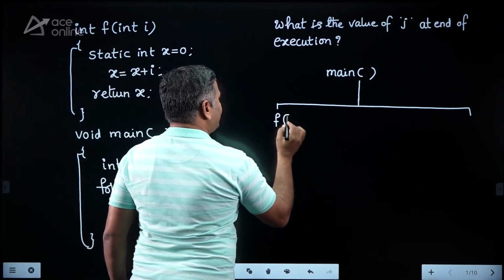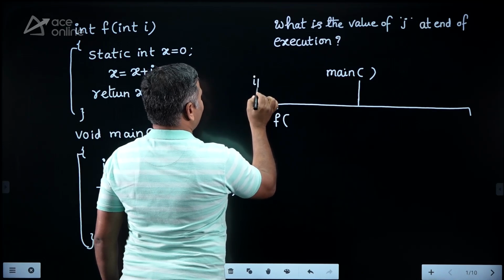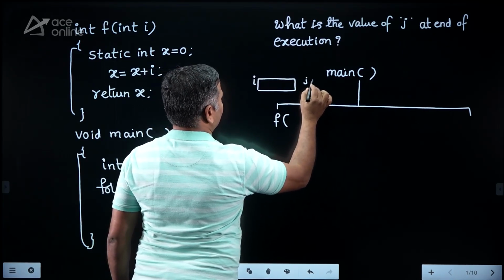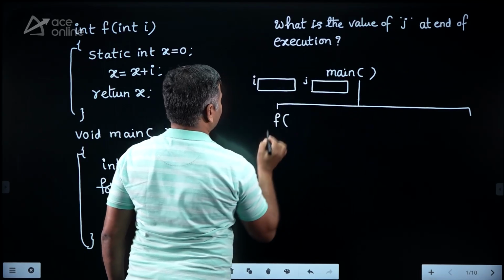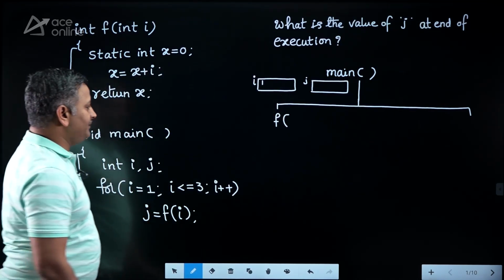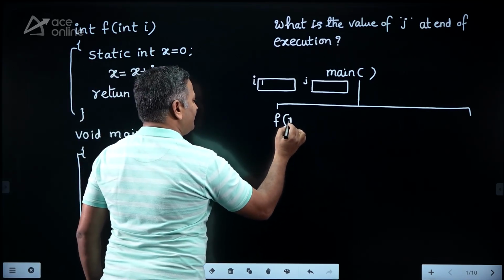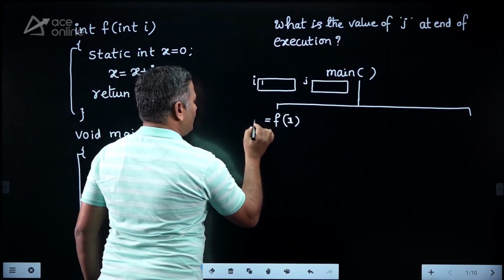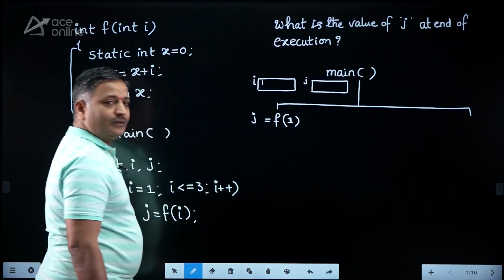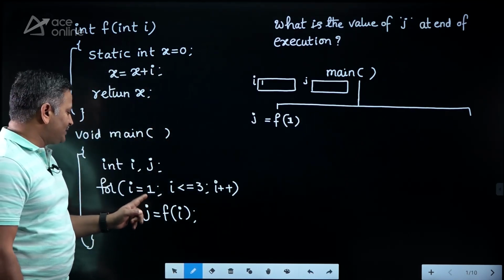If I create the variables I and j, here I is initialized to 1 the first time. Therefore, it is calling f of 1. Whatever it returns will be stored into j.